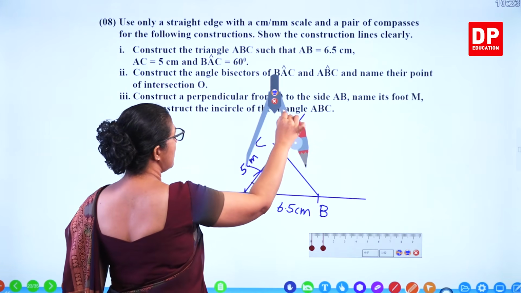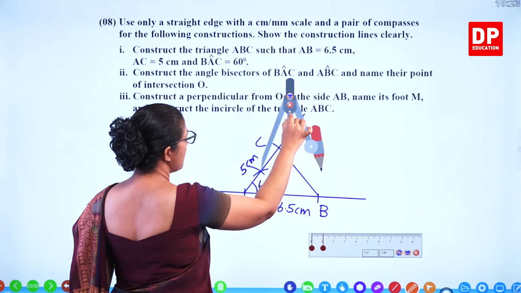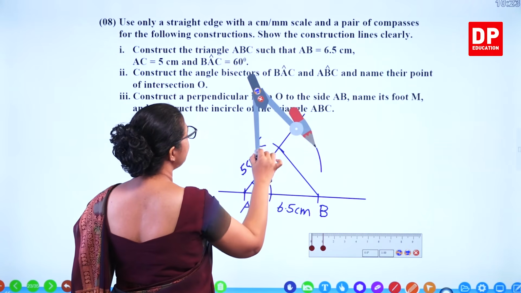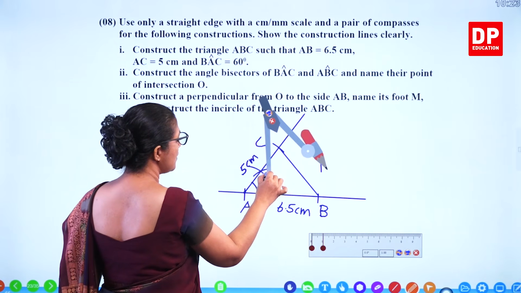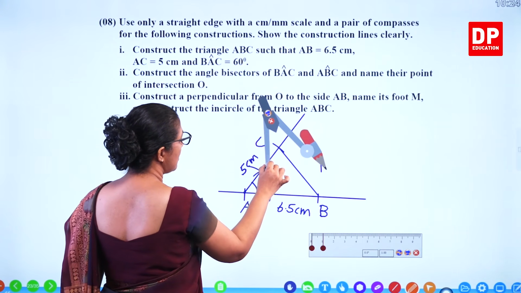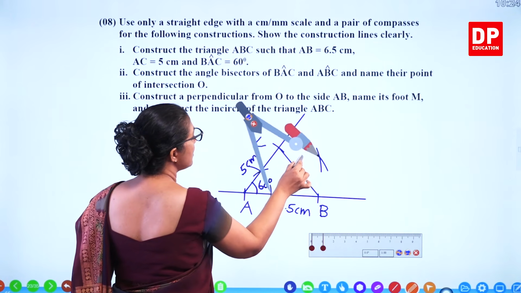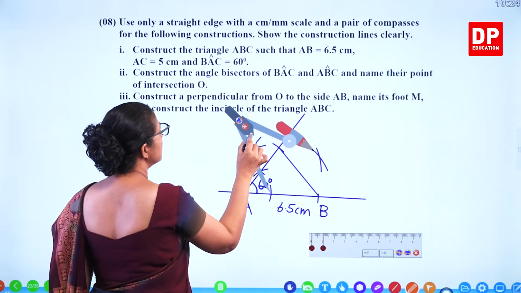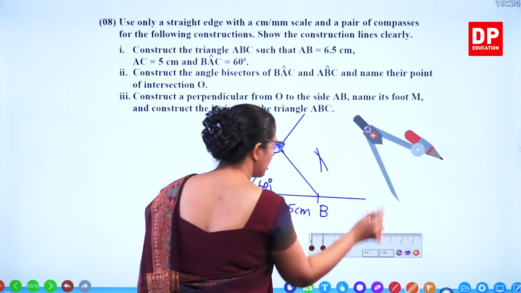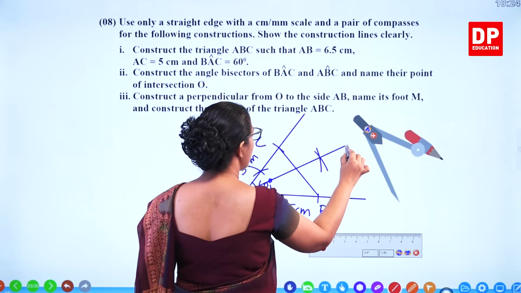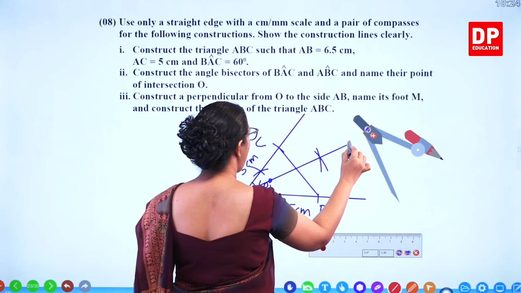Keep the compass on top of this point, draw an arc in the middle, keep on top of this point and draw the other arc. So that's the angle bisector of angle A.